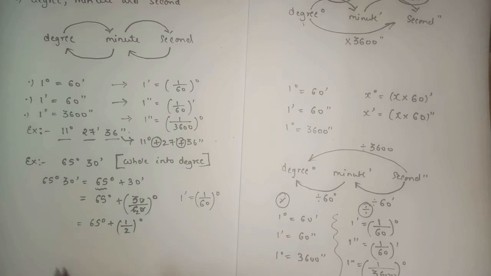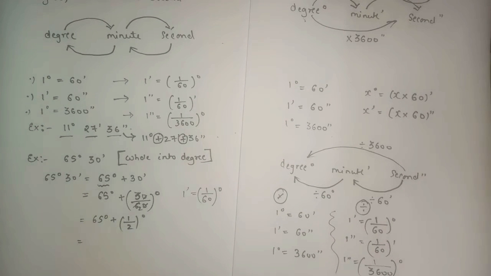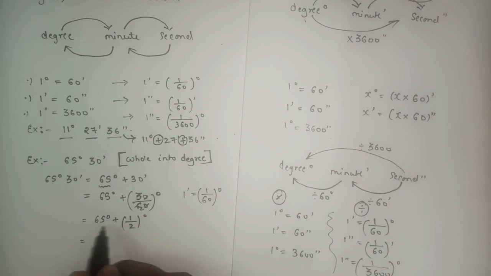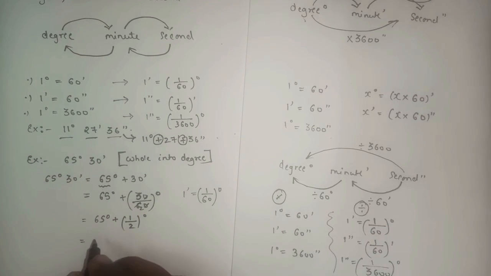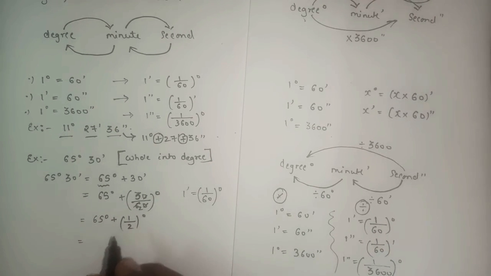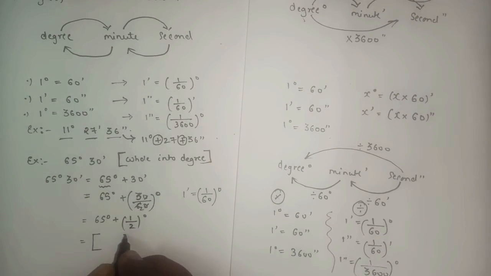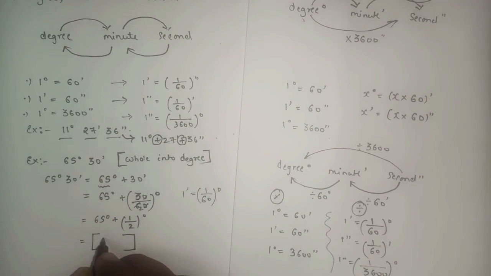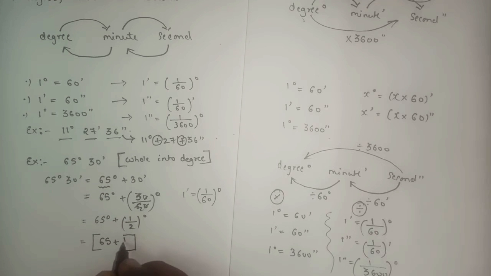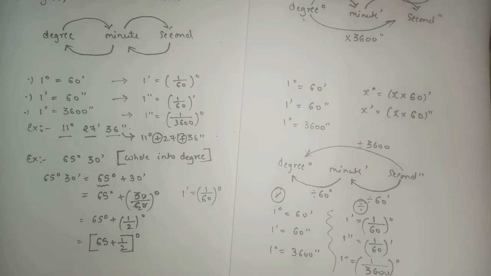Understood? As both the numbers are in degree, this is 65 degree and this is 1 by 2 degree, we can write this step as 65 plus 1 by 2.